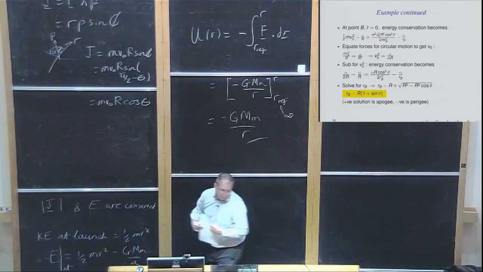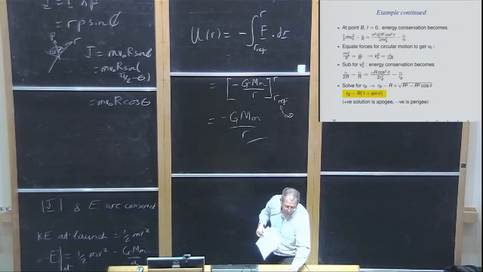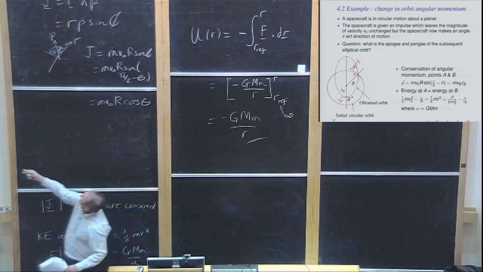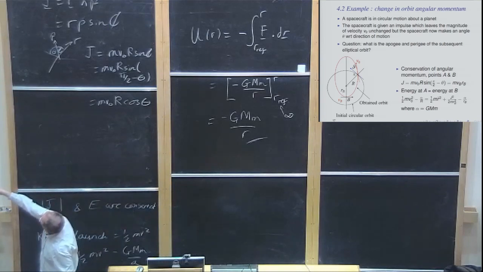We want to find out what the radius of this point is. So we can set r dot to 0 here, because at the perigee or apogee, r dot is 0.